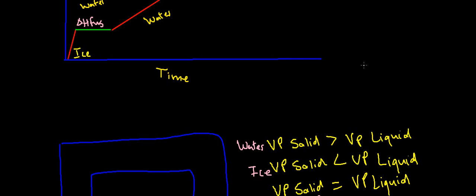So imagine if I had a graph, and this is temperature. Say this is the vapor pressure of, we'll say this is the liquid. Actually, I'll say this is ice.